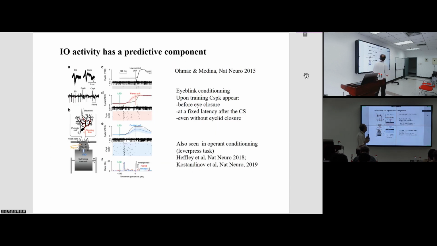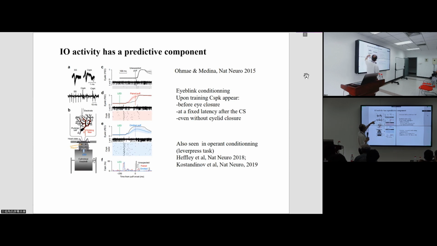The second thing is that people who have recorded the olive have seen that the olive is in some sense more complicated than just giving an error. People tend to interpret this experiment in terms of reinforcement learning.